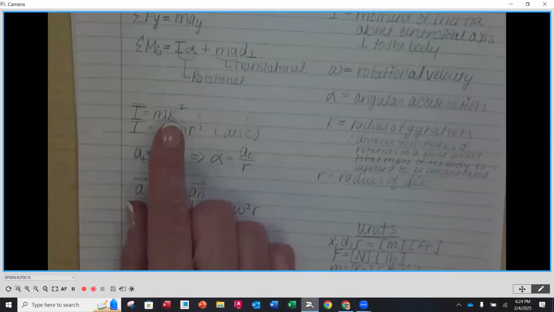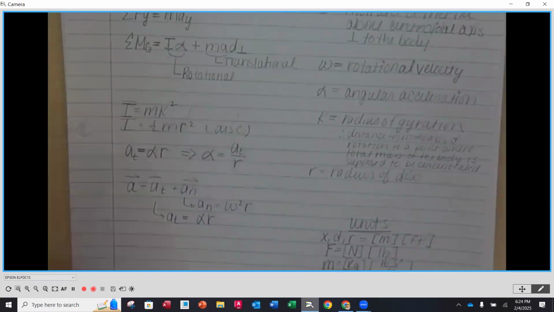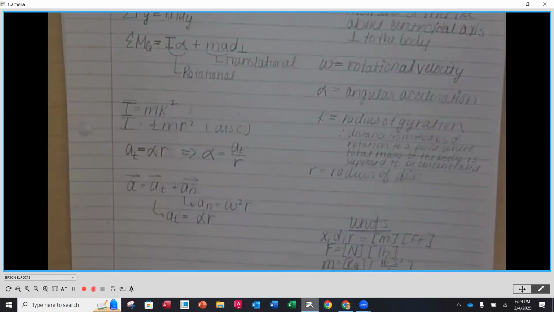So any problem where you're given radius of gyration, K is the variable for that. We multiply it by the mass to get the moment of inertia for that shape. So for this pulley, we would use the mass of the pulley times the radius of gyration squared, and that gives the mass moment of inertia as it rotates around.